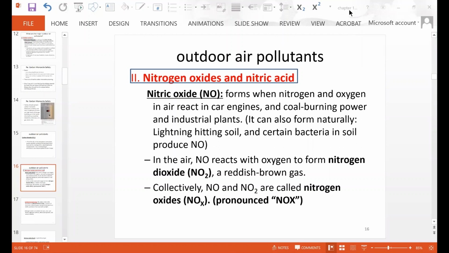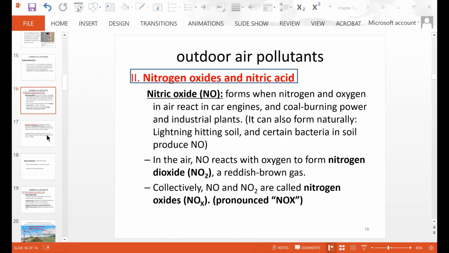It could also form naturally, for example, when lightning hits the soil and when certain bacteria in soil produce nitric oxide. In the air, nitric oxide reacts with oxygen to form nitrogen dioxide, which is a reddish brown gas. Collectively, nitric oxide and nitrogen dioxide are called nitrogen oxides, or NOx, the NOx gases.